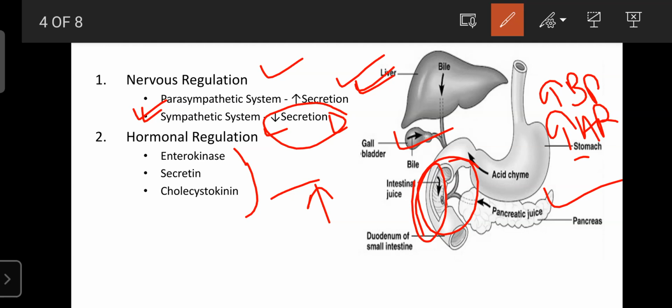But cholecystokinin also gives the signal to the stomach, so the stomach stops emptying, or pushing the food, from the stomach into the small intestine. So these are the various enzymes and hormones involved in the regulation of the secretions and digestive functions in the small intestine.